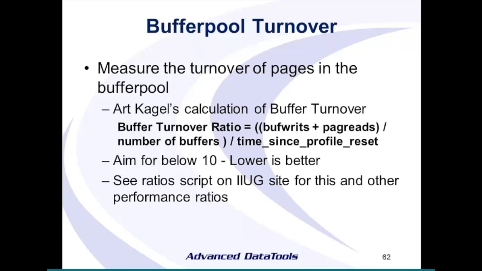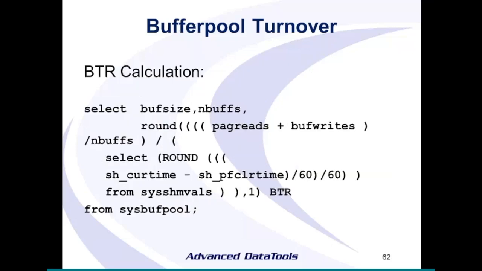Now, there's a ratio script on the IUG site together with some other ratios that are great for getting metrics on your system. I will include the calculation right here, though, for reference. It's a pretty simple calculation going against the sysmaster sysbufpool table. So this will calculate the buffer turnover for each of your buffer pools in case you have more than one.